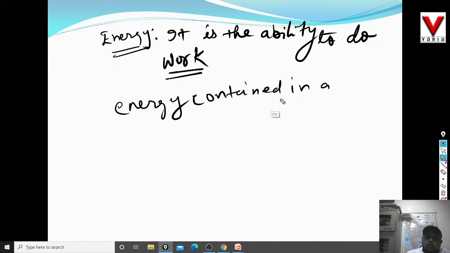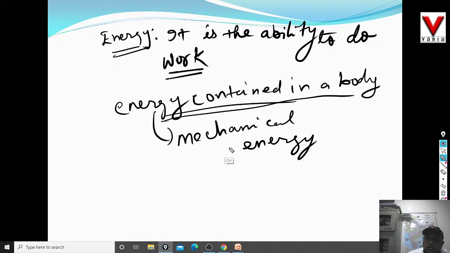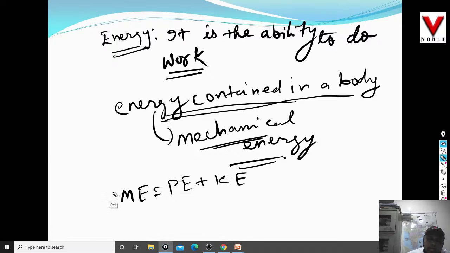So, energy contained in a body, let us discuss. The energy content in a body is known as mechanical energy. This mechanical energy has two components: potential energy plus kinetic energy.